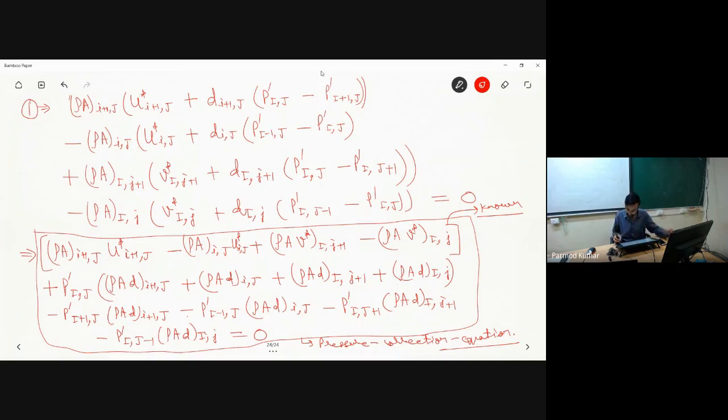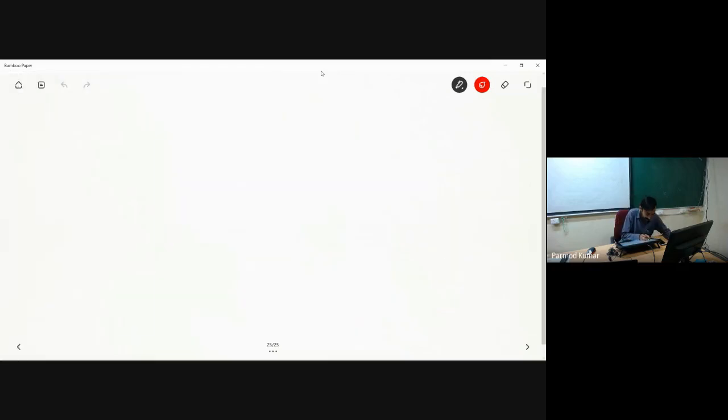Okay, and once we have found all our corrected values, p dash, u dash and v dash, I can easily find accurate pressure as nothing but p star plus p dash. Then I can find accurate horizontal velocity field as u star plus u dash and vertical velocity as v star plus v dash.